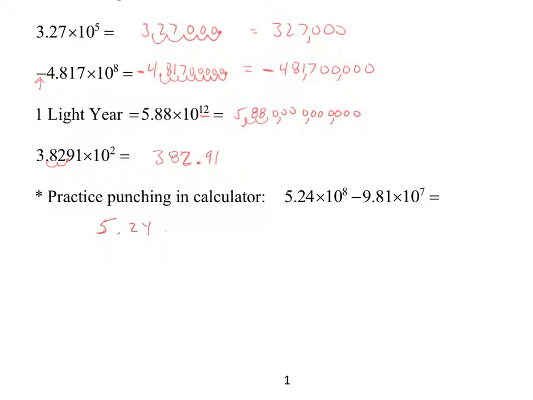And you could hit the times key, 10 to the 8th power, and put that in parentheses. Minus 9.81 and the times key, 10 to the 7th power. You could do that, but I think yours might have a shortcut on there.